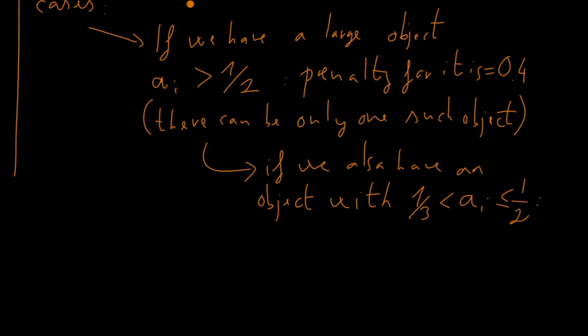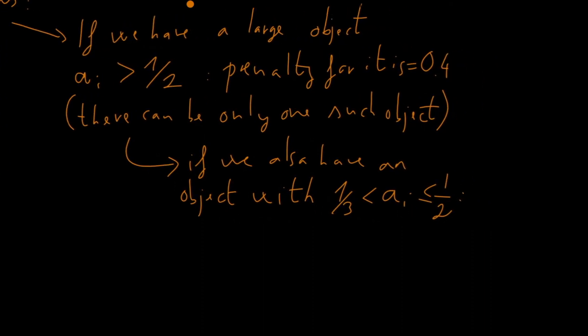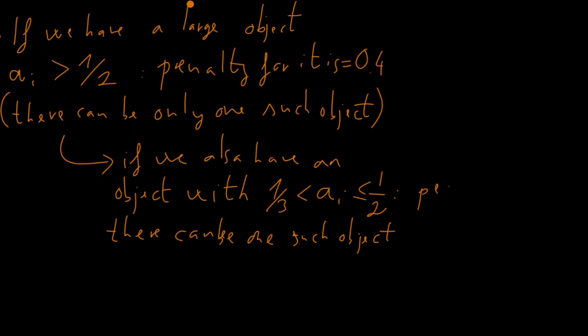Then again, there can be only one such object, since 1/3 plus 1/3 plus 1/2 is already greater than 1. So there can be only one such object, and no more, which means that its penalty is 0.1.